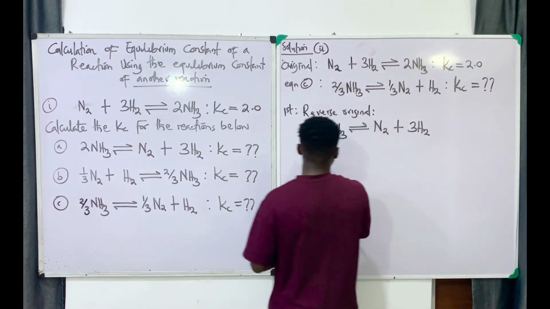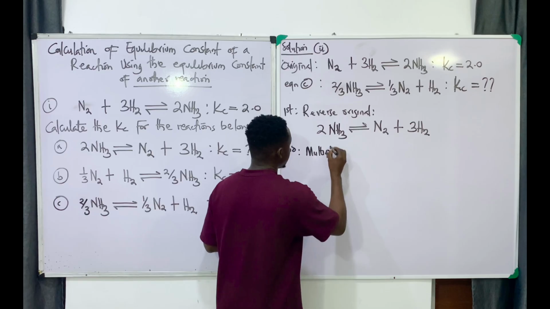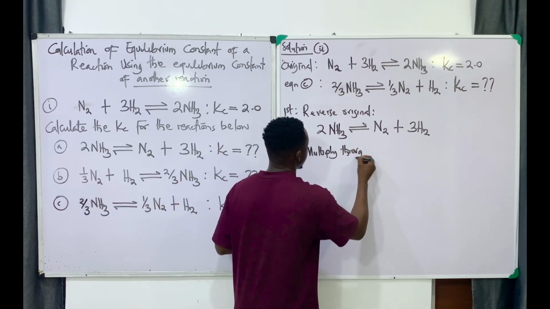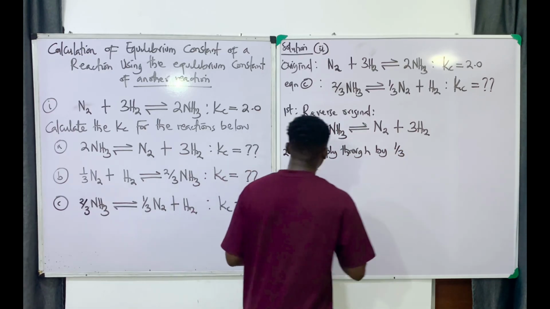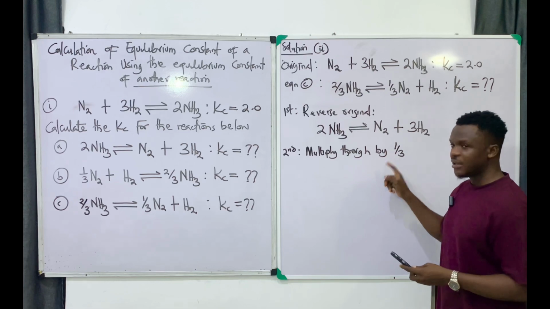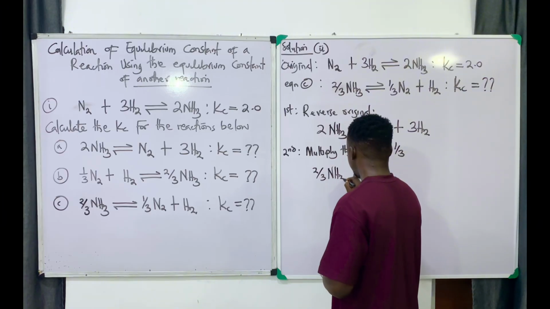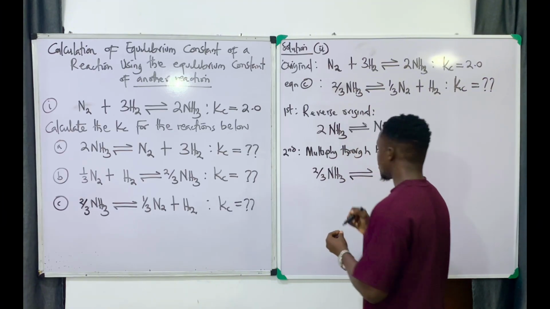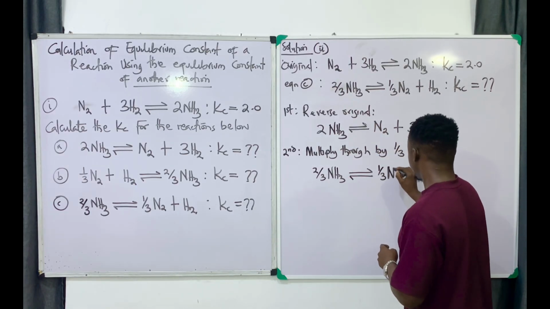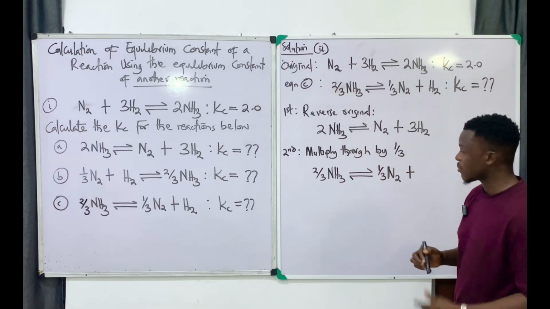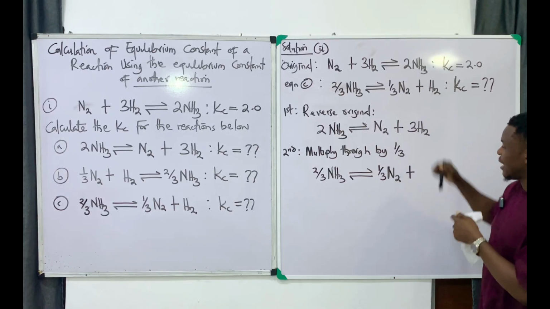So you say, second, multiply through by 1 over 3. When you do that, 2 times 1 over 3 is 2 over 3. So this becomes 2 over 3. There is 1 here, and 1 times 1 over 3 is 1 over 3. 3 times 1 over 3 is going to be 1, which corresponds to what we have here.